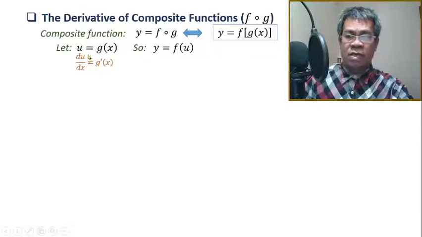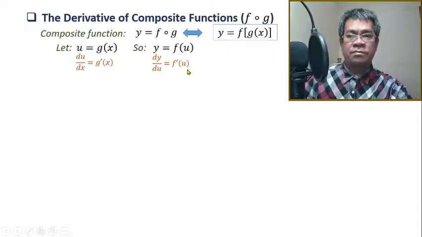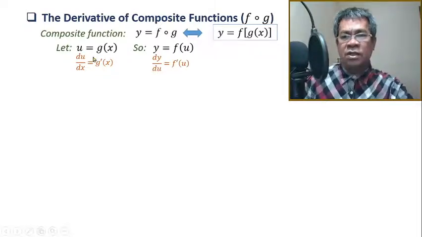With that, we can apply the fundamental theorem to find the derivative of g(x), which we call g prime of x, the first order derivative. Then y is also differentiated with respect to u, so we differentiate y with respect to u and get dy/du, using our fundamental theorem to find the derivative of the function of u. So we now have two values: du/dx and dy/du.